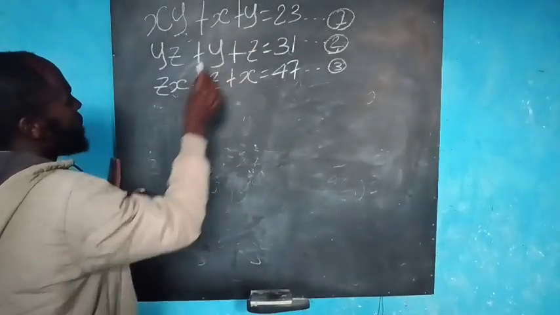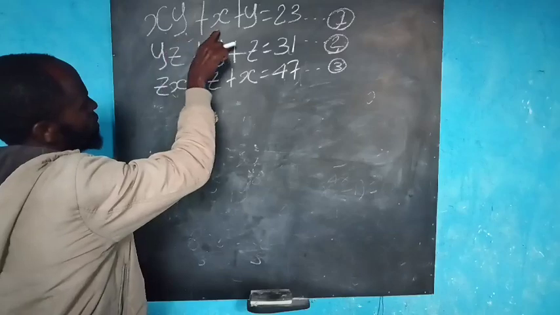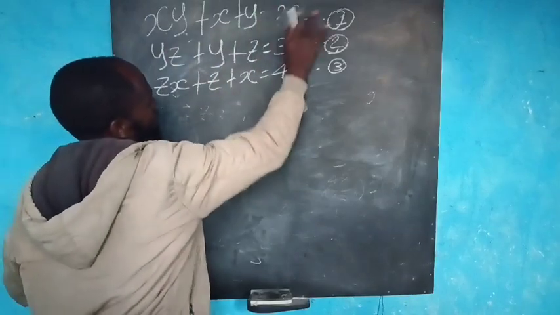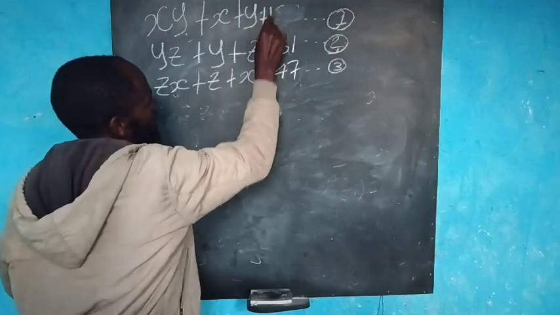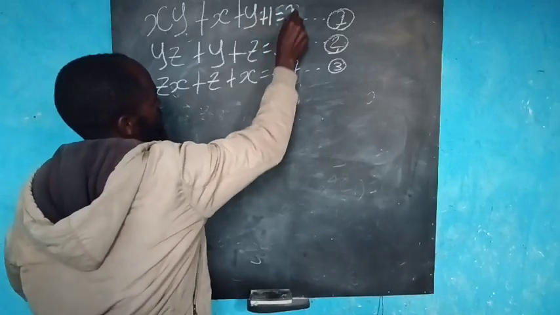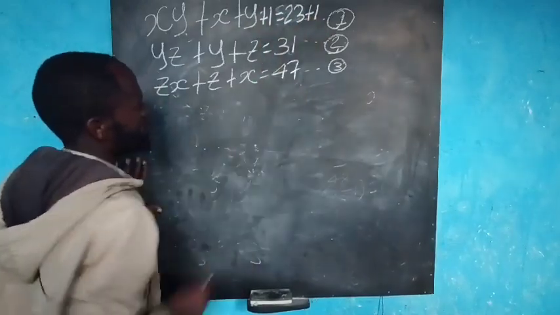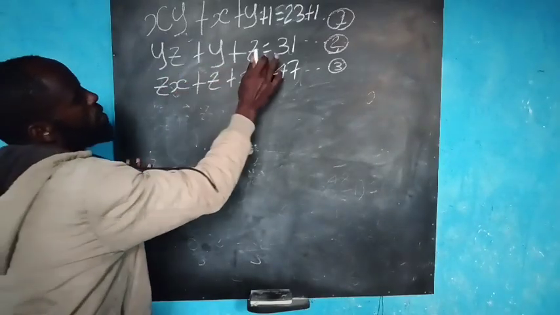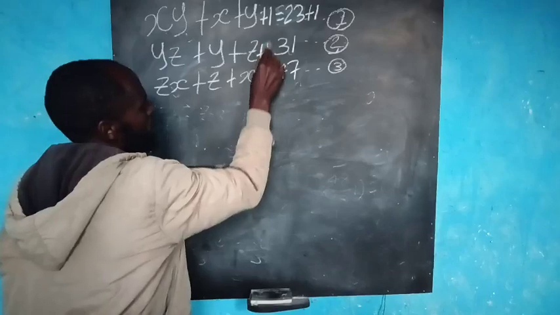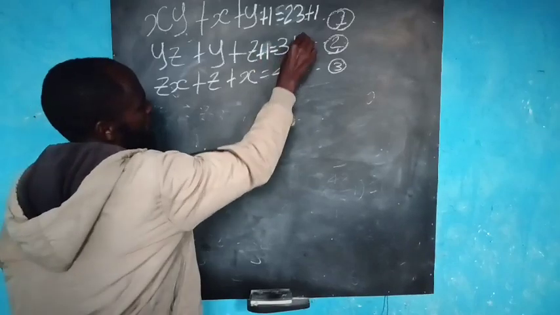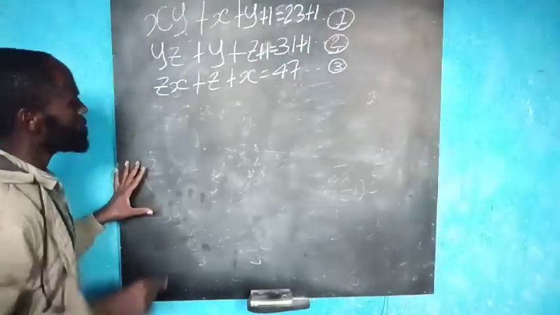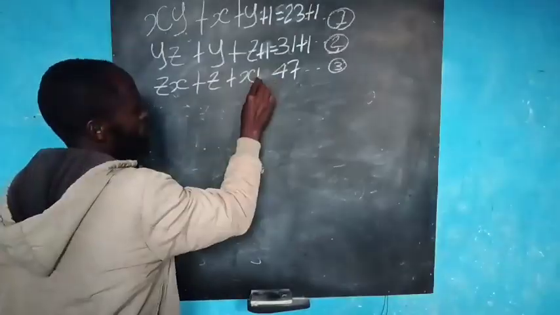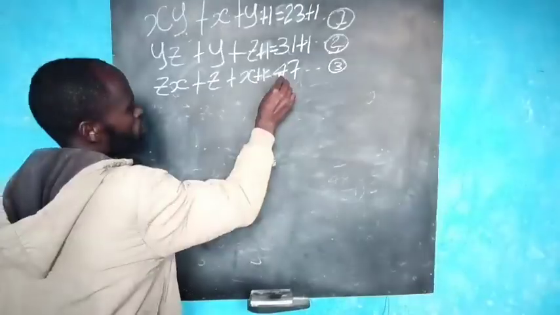So xy plus x plus y plus 1 equals 23 plus 1. Also yz plus y plus z plus 1 equals 31 plus 1. zx plus z plus x plus 1 equals 47 plus 1.